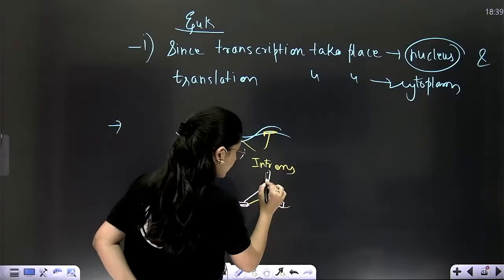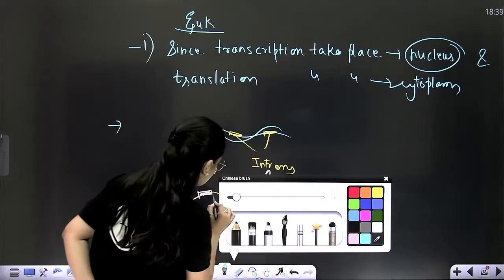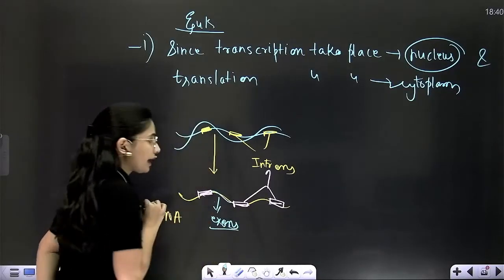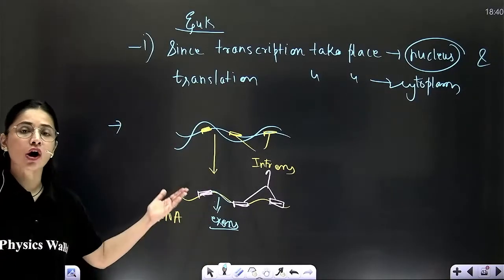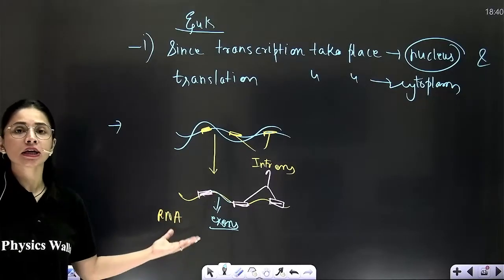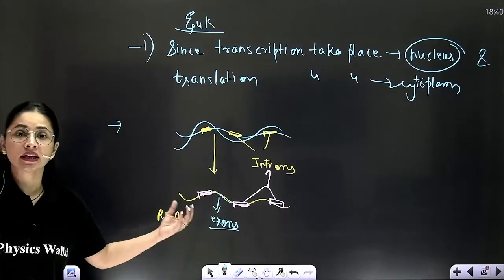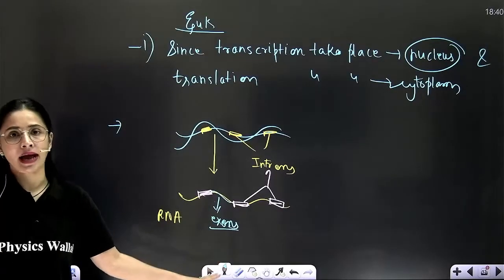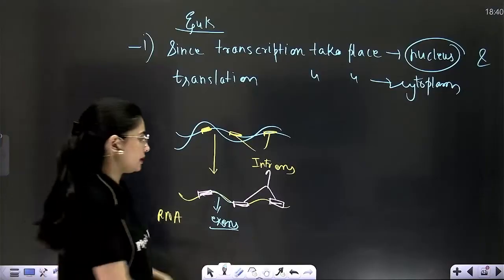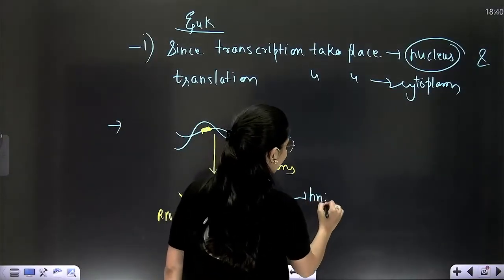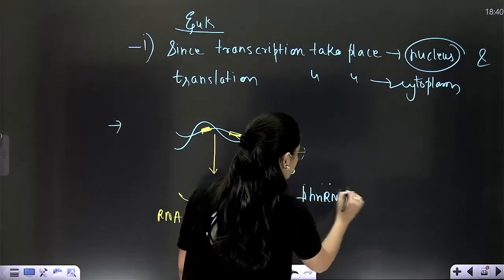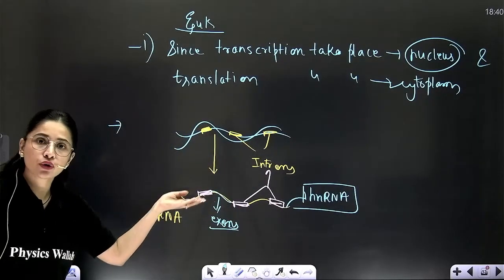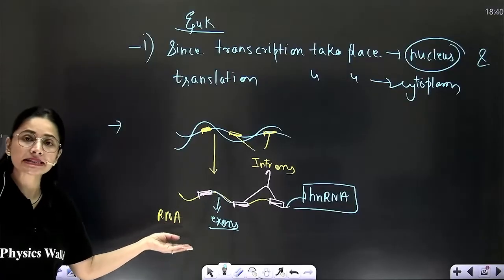So these are introns. In between the introns, there are coding sequences which are called exons. Right? Now this RNA which is obtained after transcription in eukaryote is rich in introns and exons both. Such RNA is known as heterogeneous RNA. This is known as hnRNA. Heterogeneous, the RNA which is not uniform. It has both coding and non-coding sequences.